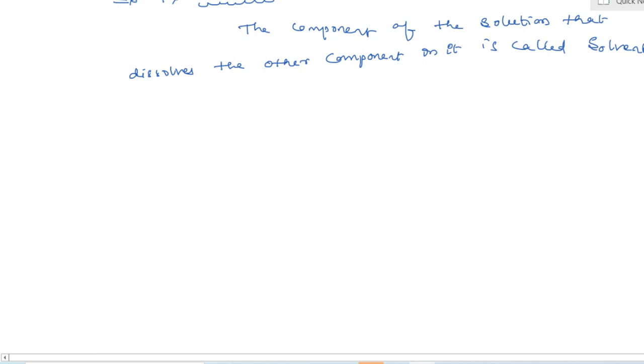Second one is solute. Solute means the component of the solution that is dissolved in the solvent.